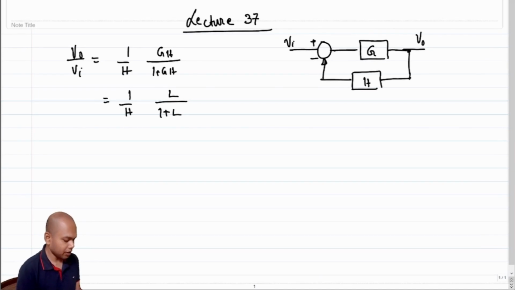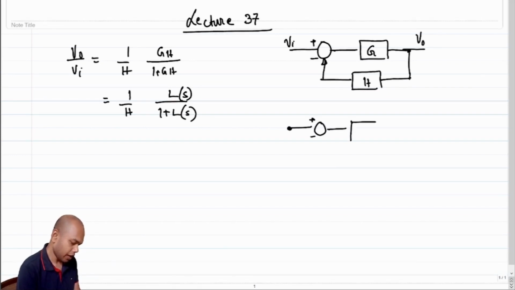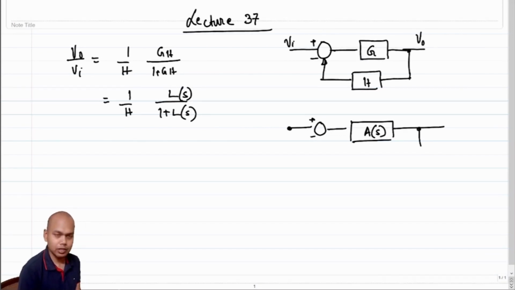Now, having gone through frequency dependent characteristics for so long, we know well that this L, or loop gain, is a function of s. It is dependent on frequency. If we have an amplifier here, the amplifier transfer function is obviously a function of frequency. For example, the common source amplifier has capacitances at various places, and its gain is not the same across frequency.